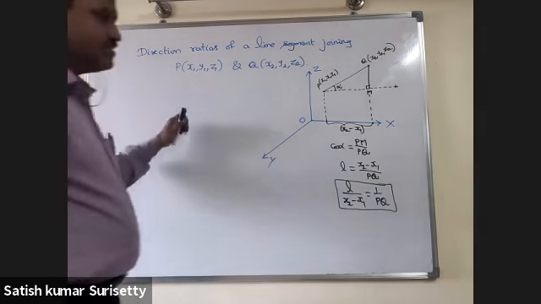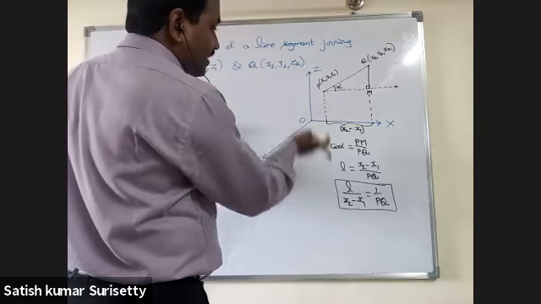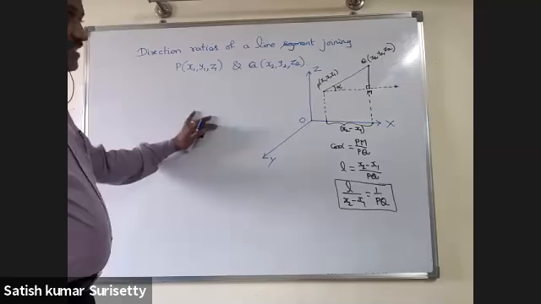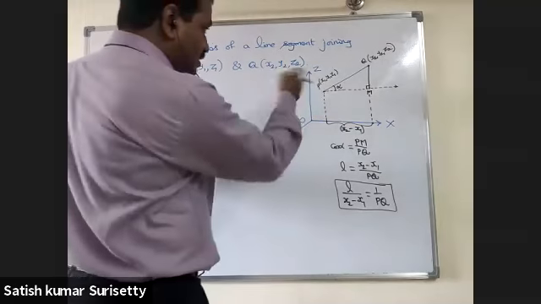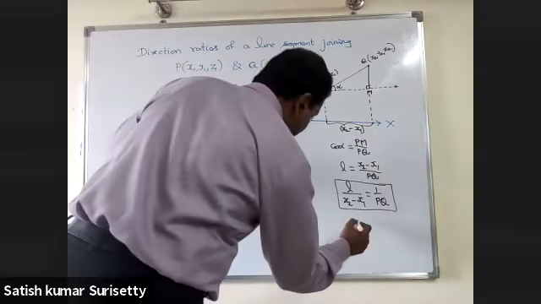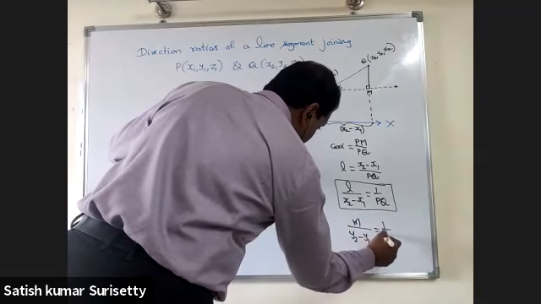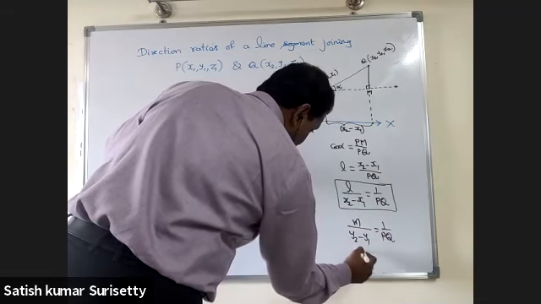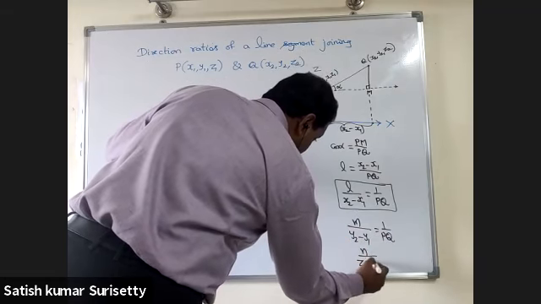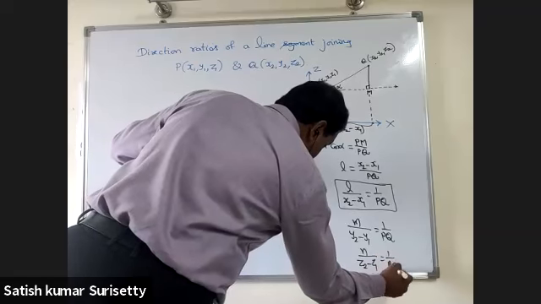So similarly, if I draw with respect to the y-axis and z-axis, that is not possible to show in the figure. You can derive it as M upon y2 minus y1 equal to 1 by PQ again, and N upon z2 minus z1 equal to 1 by PQ.